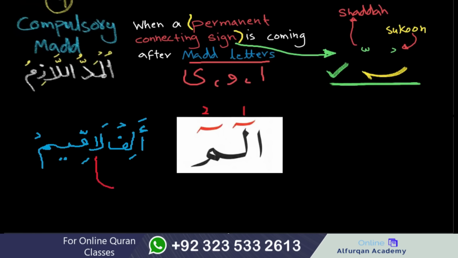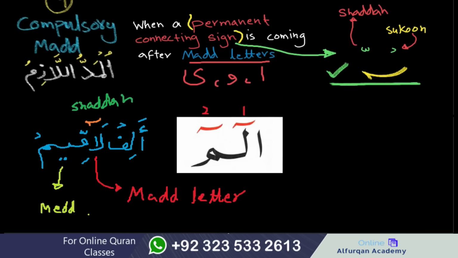So here la, the alif what you can see, that is a mad letter. And after that is letter mim, and on top of letter mim is a shadda sign, which means this la sound we have to make for 6 counts. That's why also we have to write down a mad sign here. And then letter mim has a kasra, mi, and after that is letter ya. This ya is a mad letter.